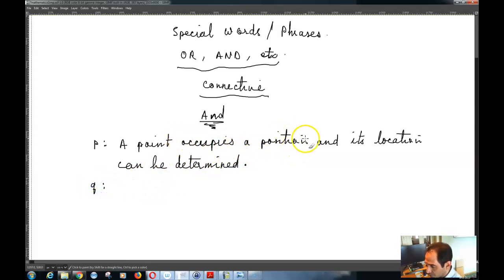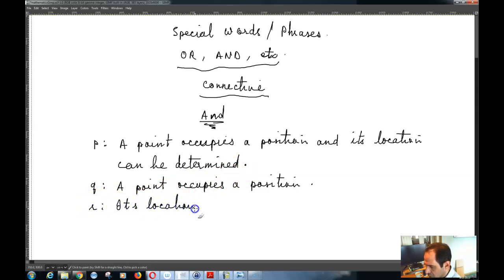So this statement can be broken into two components. Q, for example: a point occupies a position. And also, its location can be determined.